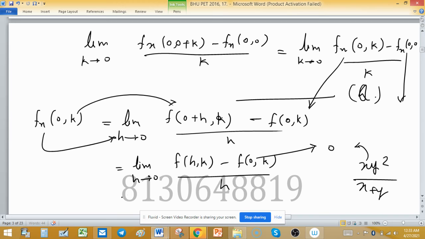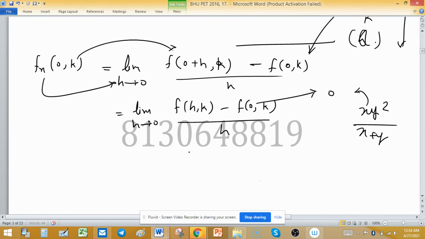So it will be hk squared divided by h plus k, and you can write h outside the denominator, so h cancels out. So what is left is k squared, and the limit is running as h tends to 0 of k squared divided by h plus k.